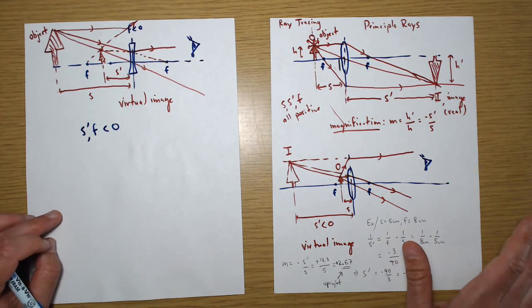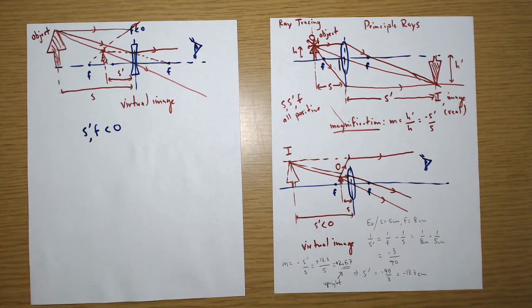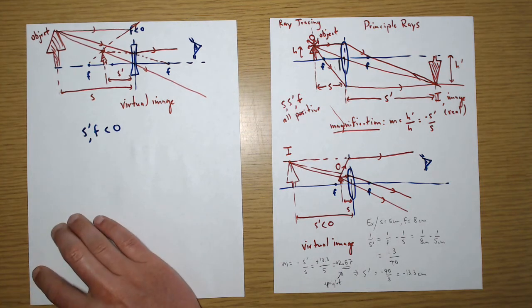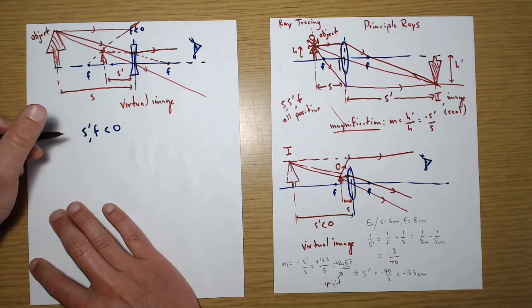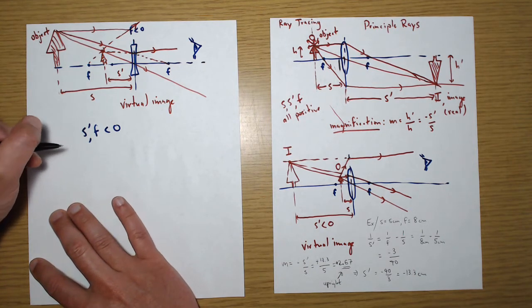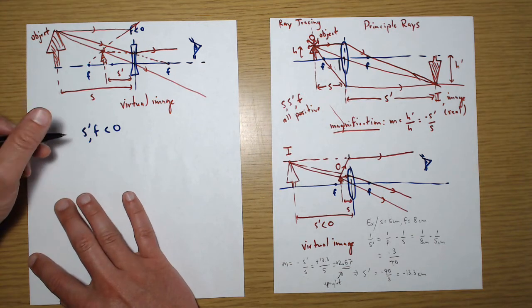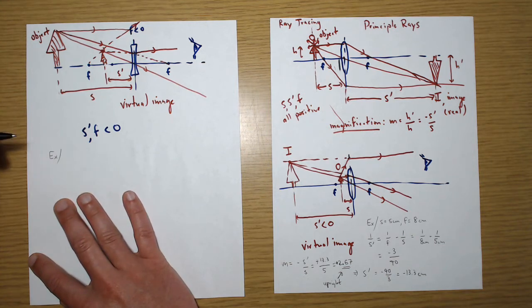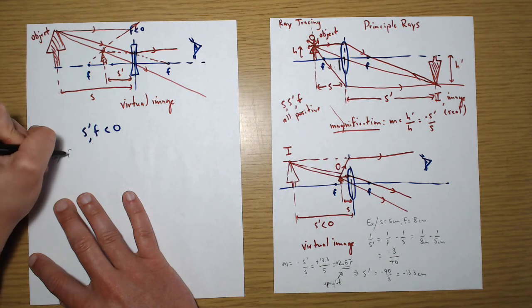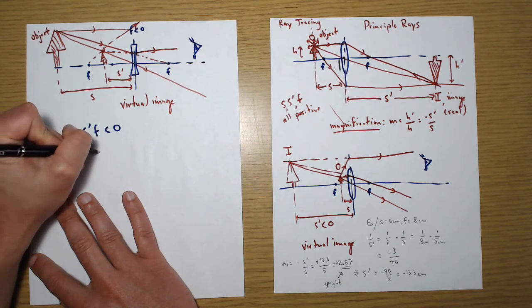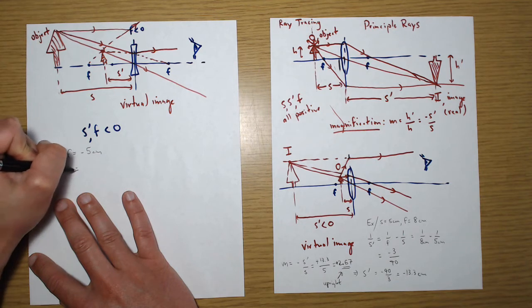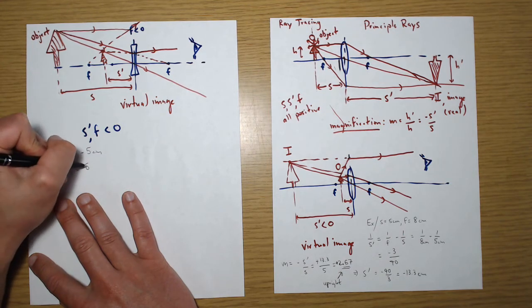So here's our example of another lens. Now, or sorry, I should say a diverging lens. And let's try some numbers here just to put this into practice. Let's say I'll choose similar as the last example that we did, but this time let's say that the focal length is -5 centimeters and the object distance is 8 centimeters.